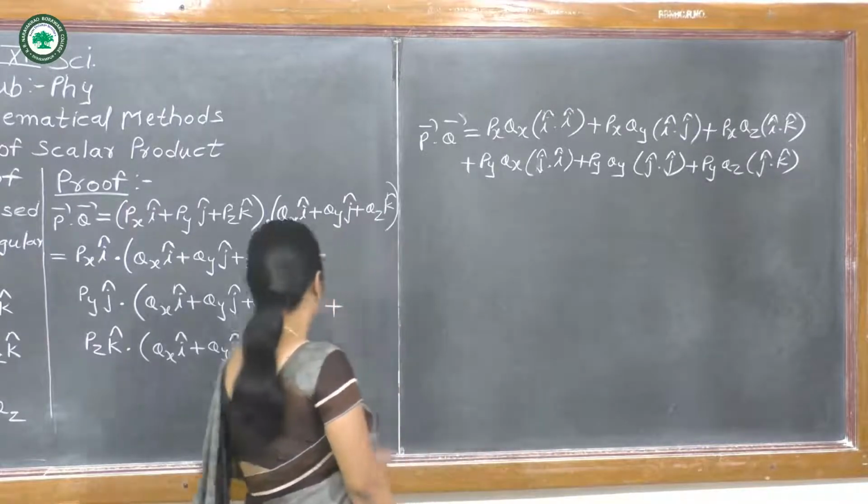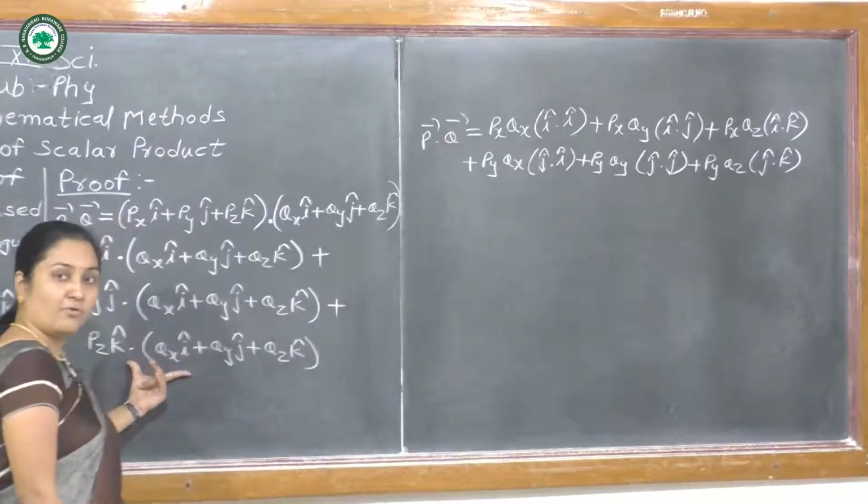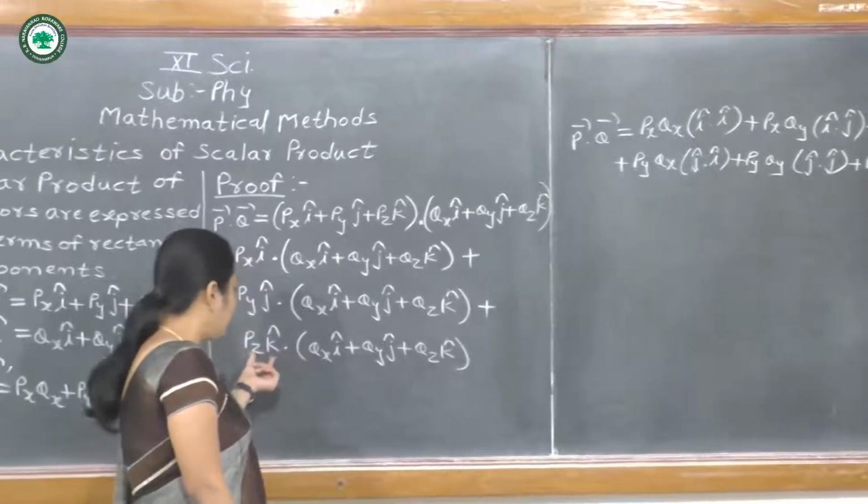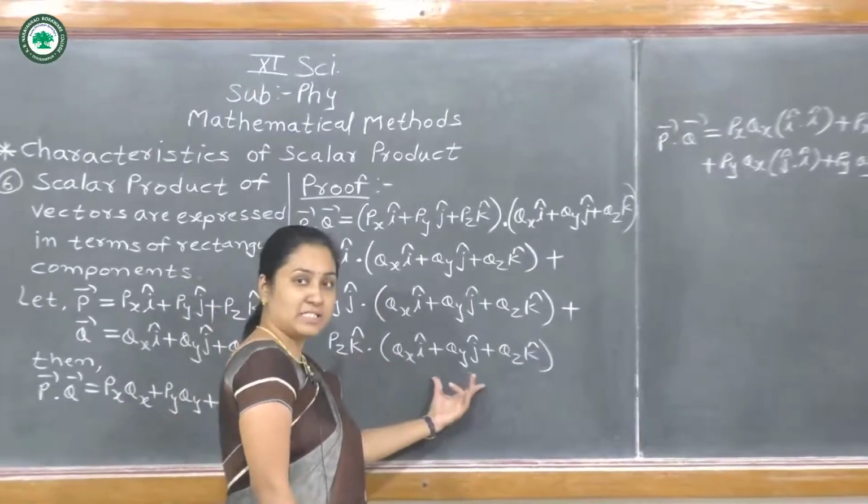Next, we will take the dot product of Pz k with this bracket.